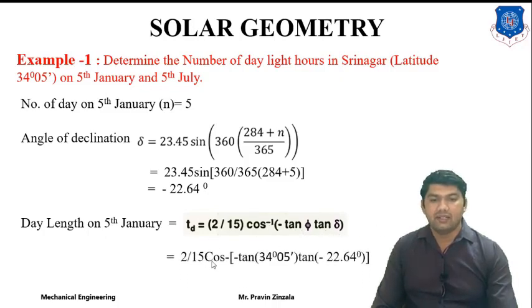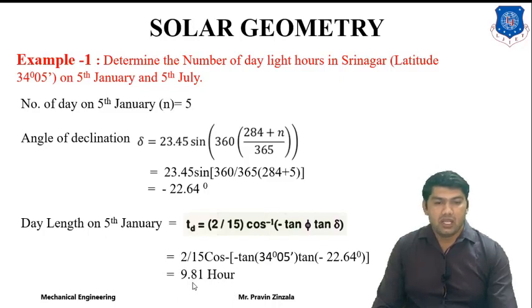Inserting the values, the latitude is 34 degrees 5 minutes, while the declination we calculated is minus 22.64 degrees. Our final answer is 9.81 hours. So for Srinagar on 5th January, the day length, or solar radiation received, is 9.8 hours.